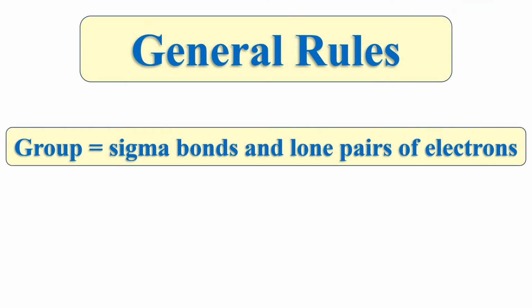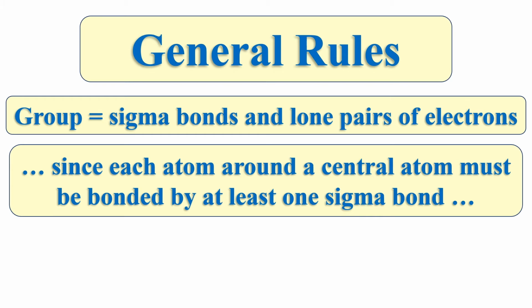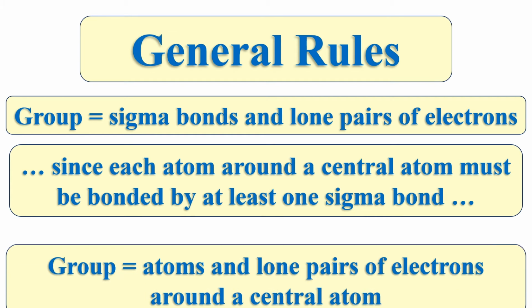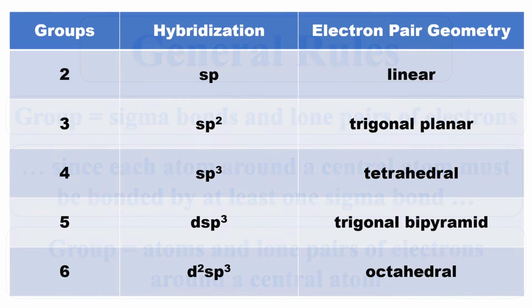Here's an easier way to think of counting. Since each atom around a central atom must be bonded by at least one sigma bond, we can think of groups as simply atoms and lone pairs of electrons around a central atom. Here's the general table.